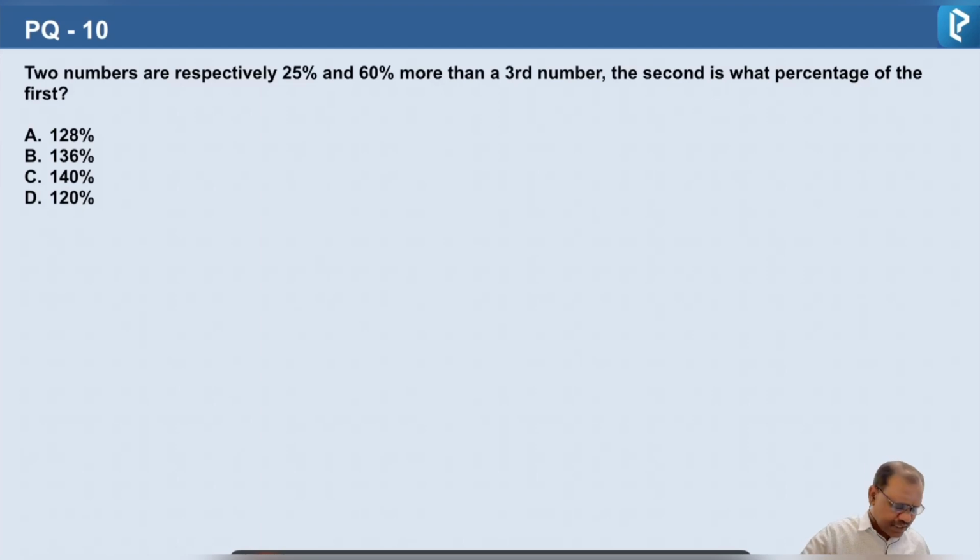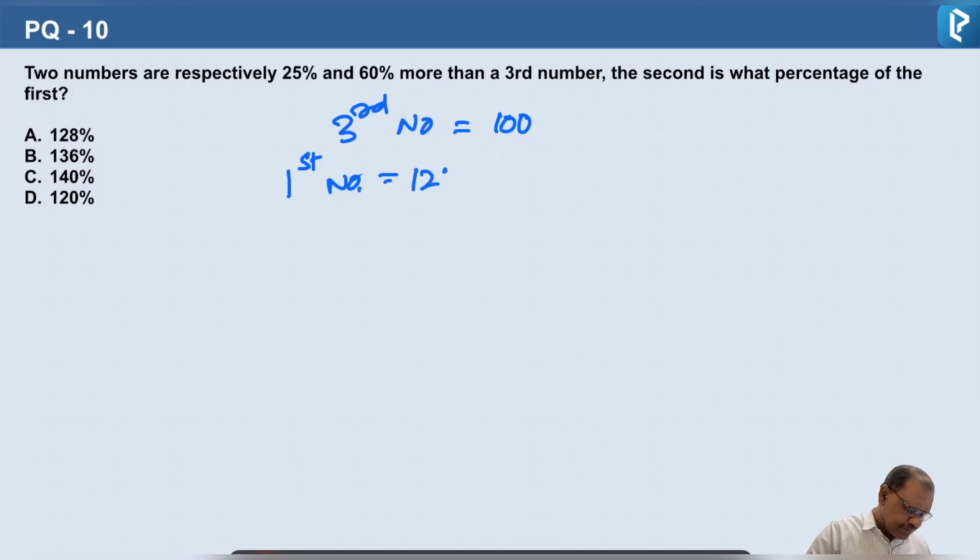So first number will be 125. Second number is 60% more. That will be 160.